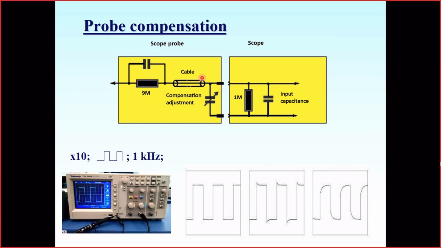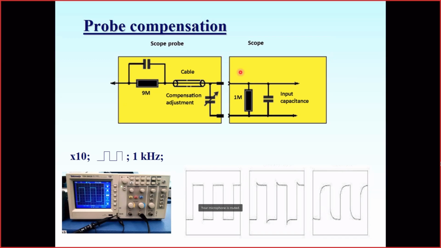This expands the range of our scope. Generally, the input of the scope works up to, let's say, 20 volts. Here we may increase it up to 200 volts and work with 200 volts. So it's just used as an attenuator.